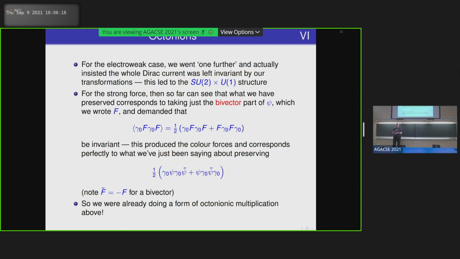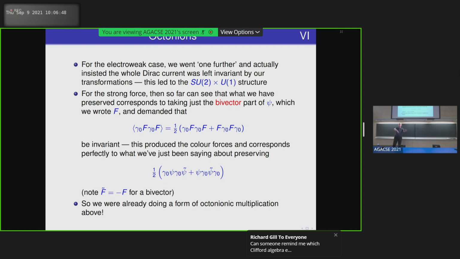For the strong force, we were preserving gamma naught F, and that is precisely the same as not using the whole Dirac spinor psi, but just using the bivector part in forming the Dirac current. So what we were doing there was the Dirac current, but for a special type of psi that was itself a bivector.